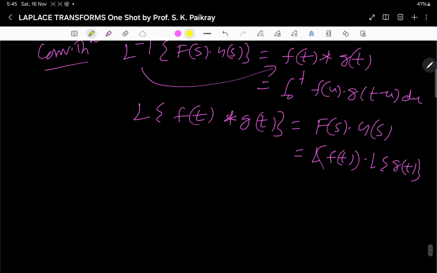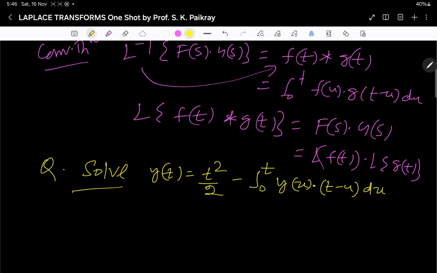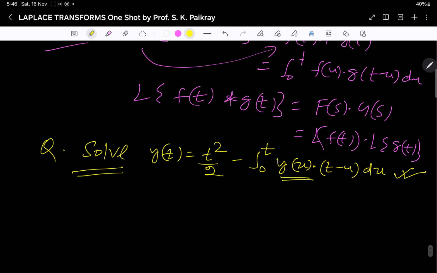Suppose you are asked to solve a problem here. The question is, so now you are asked to solve this. This is an integral equation, because you see your y is coming under the integral sign. You see my details in lecture 9. So now I just express it here.